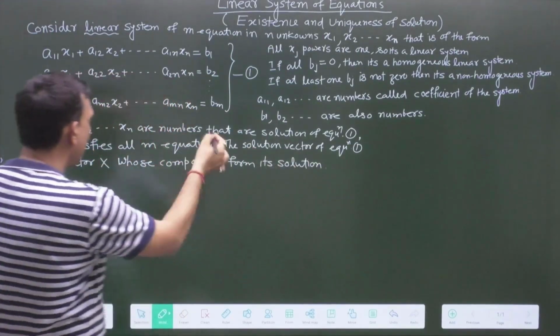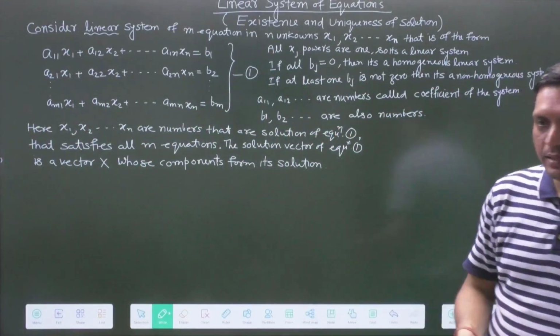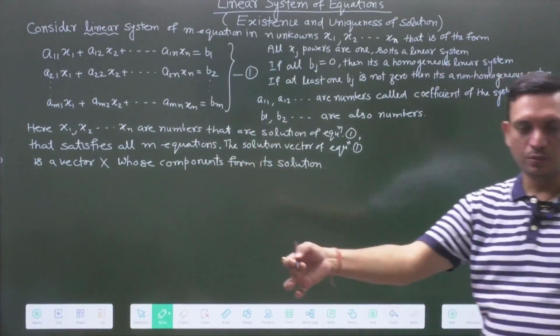This solution can be represented in vector form as a column vector x whose components are x1, x2, up to xn.